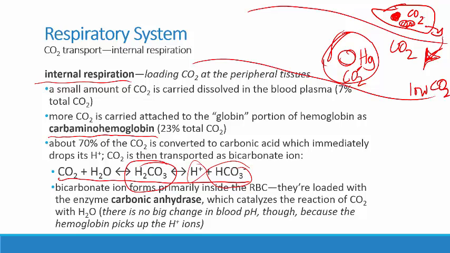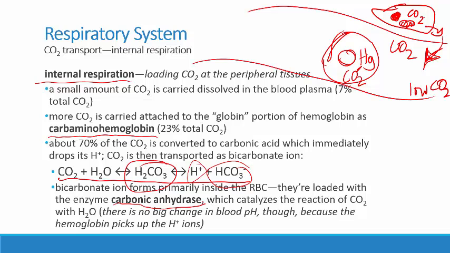Bicarbonate ions are built primarily inside the red blood cell. They do it with an enzyme called carbonic anhydrase.